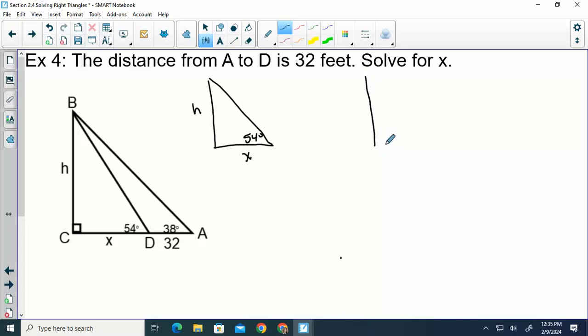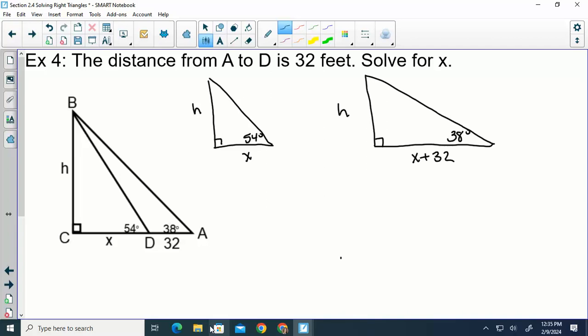Or I can look at the whole triangle. This is H. This angle is 38 degrees. What would this side be? 32 plus x. Okay. In order to find a missing length in a triangle, you have to know two pieces of information.